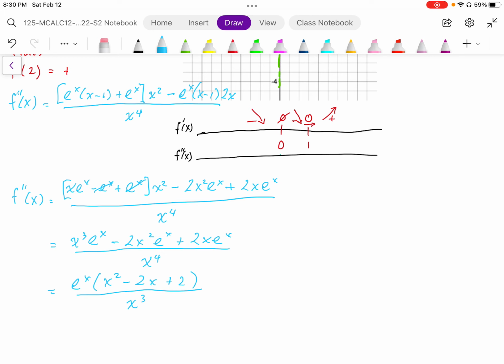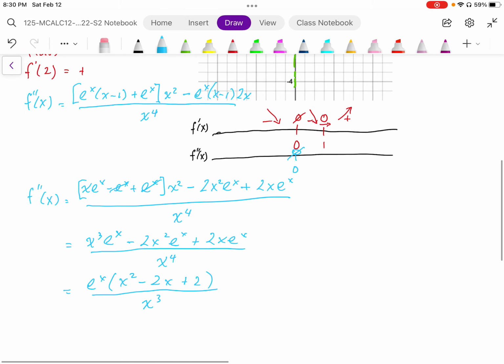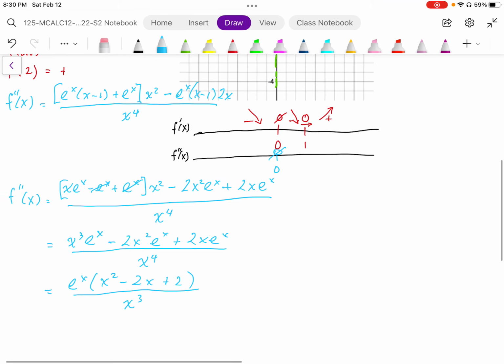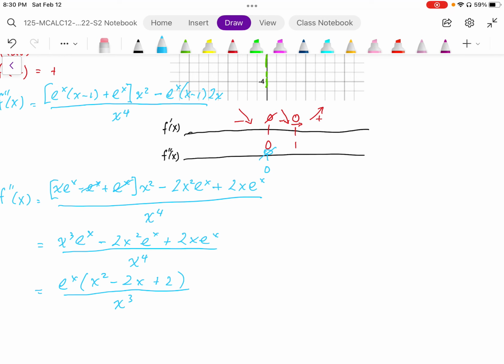At 0, I have an undefined second derivative, so I can test my concavity. Sorry, I should check for the zeros. So I'm going to test where this quadratic factor equals 0, but I'm just going to test the discriminant. So b squared minus 4ac.